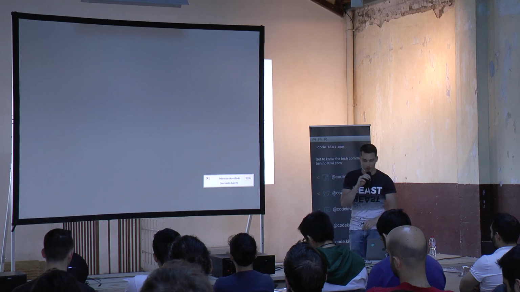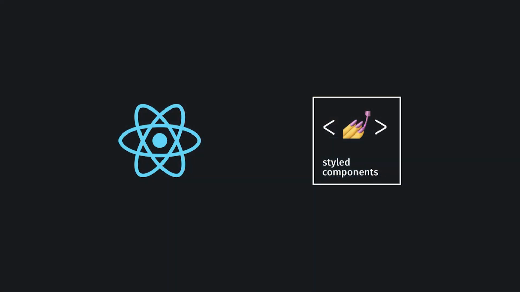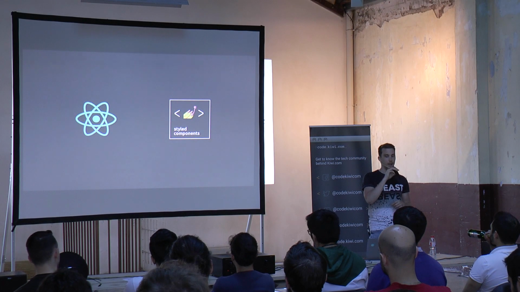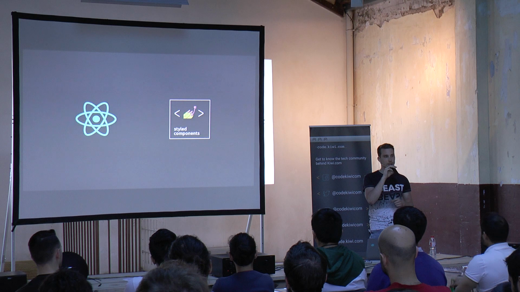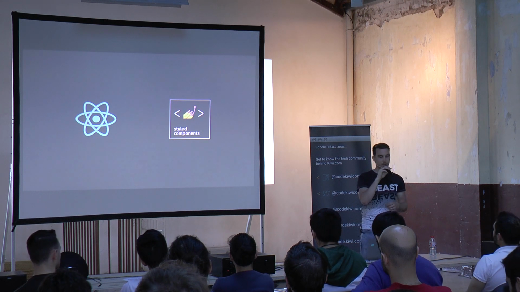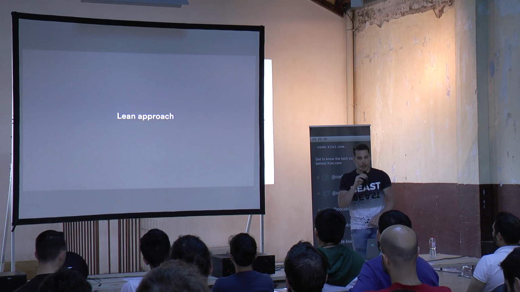So let's take a look at how we actually develop it. We went fully with React because most of the projects are using React, and we also chose styled-components because I think it's pretty awesome and probably the best solution for CSS when it comes to component libraries.